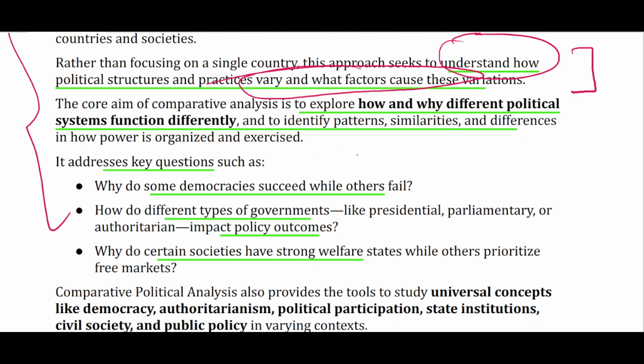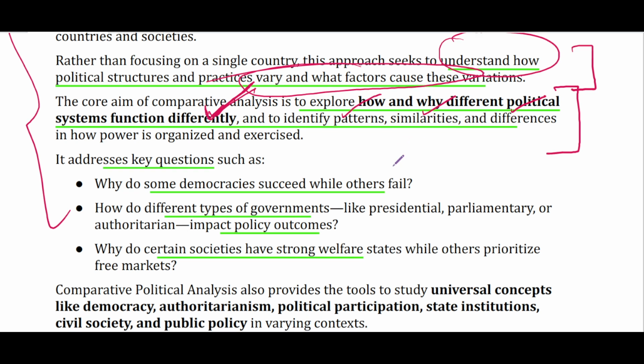Then, the core aim of comparative analysis is to explore how and why different political systems function differently. Means they may be similar countries situated in proximity, they may be neighbors, but sometimes the same political process leads to different outcomes. So it is very necessary to identify those patterns, those similarities, and those differences in power structure.